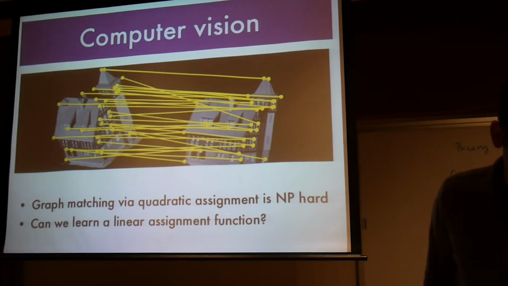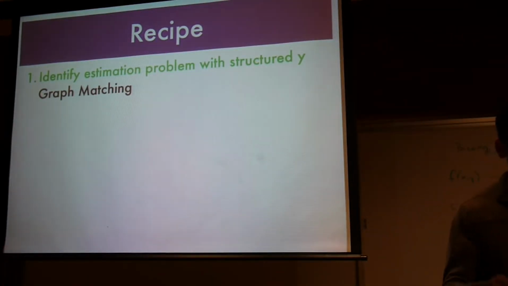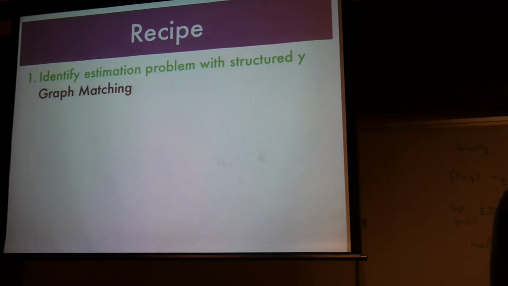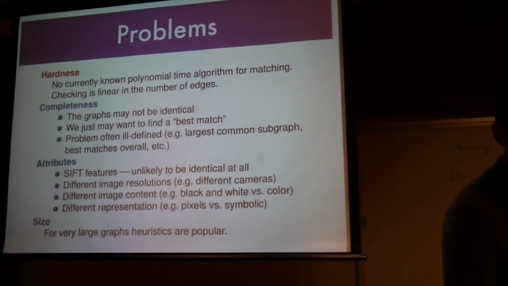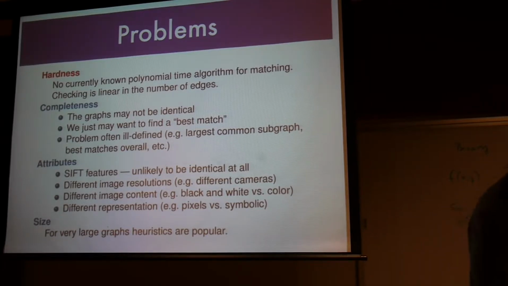So let's just follow through with our recipe, right? This is actually something we did. So the first thing is, you need to identify an estimation problem with structured y. Okay, graph matching, this is it. Now, this is really hard, all that. Whatever, let's just skip over that.